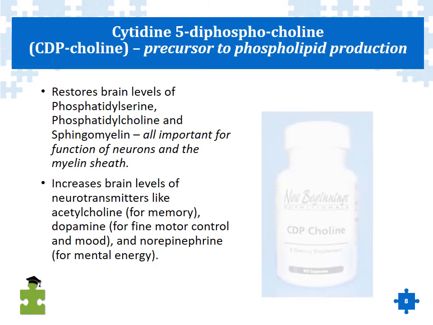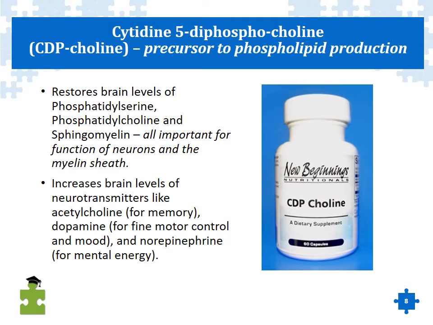New Beginnings Nutritionals carries a particular supplement called CDP choline. The CDP choline essentially is a precursor to phospholipid production. It helps restore brain levels of different types of compounds called phosphatidylserine and phosphatidylcholine, etc. These are all important for the function of the nervous system, the nerve cells, and the myelin sheath.